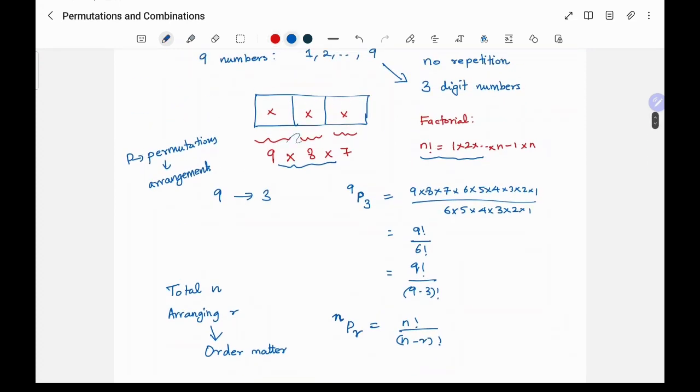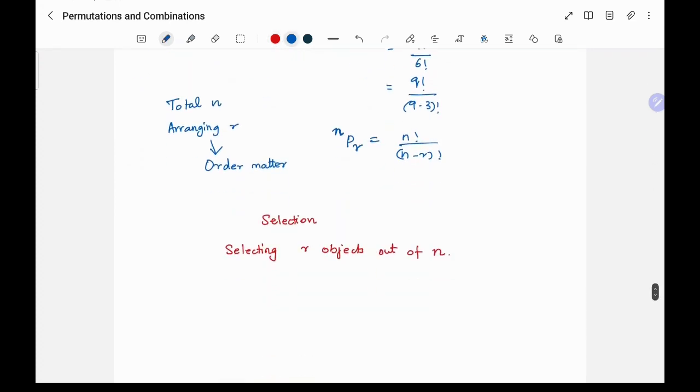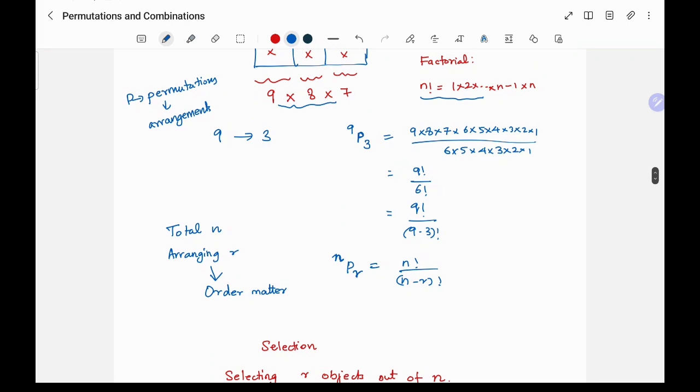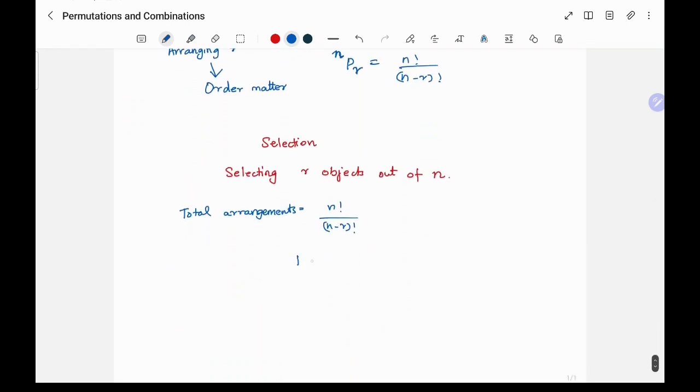So if we take the same example, we saw the total arrangements is nothing but n factorial by n minus r whole factorial. But if you take this case, let's say any 3 numbers, 1, 2, 4, as we already saw, in how many ways can we arrange just using these things? So it's like shuffling between these, right?